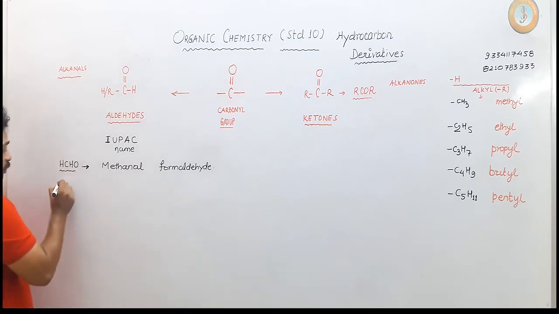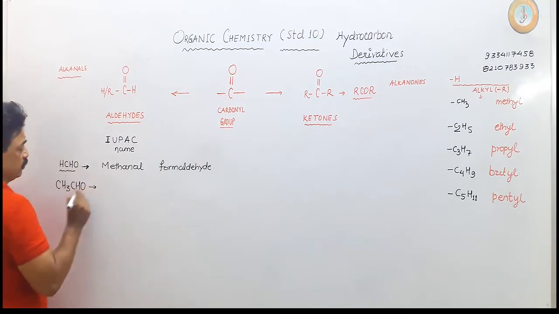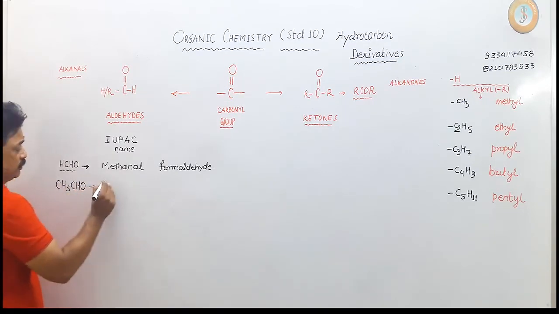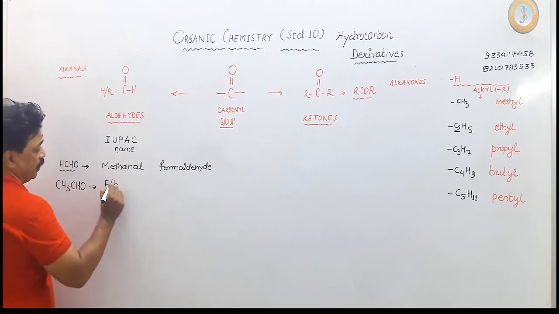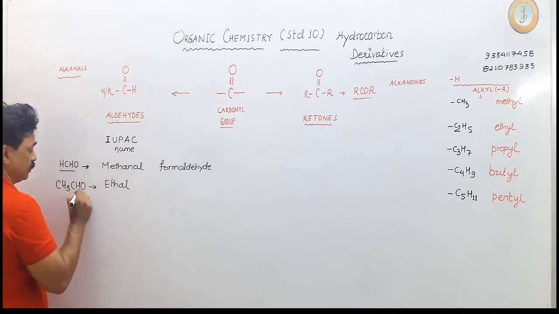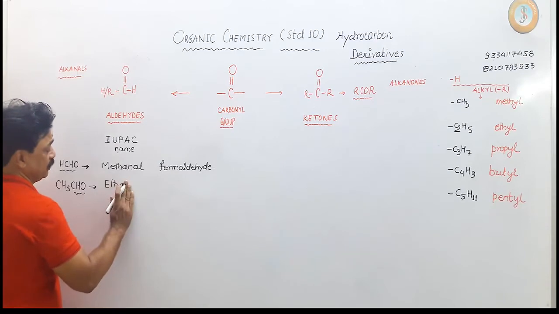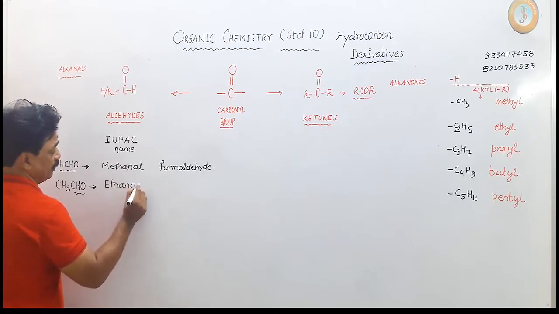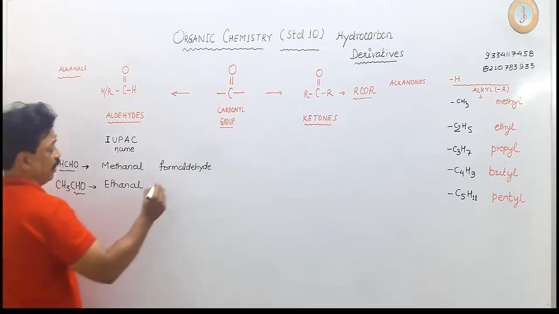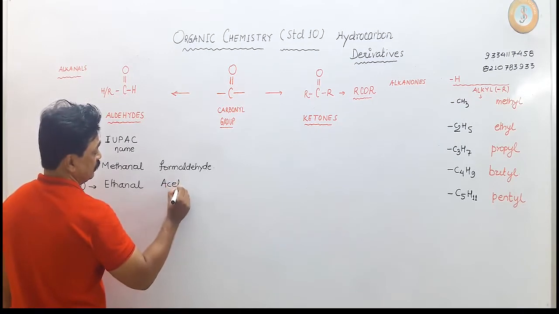Now the second attachment starts with methyl. So this will be having two carbon atoms, so ethane, and you recognize the aldehyde group, that is CHO. So ethane and Al, so ethanal, and this will be written as acetaldehyde.